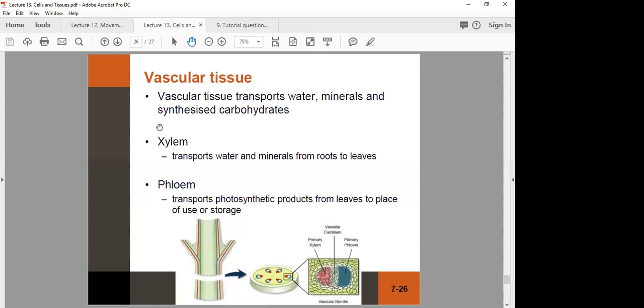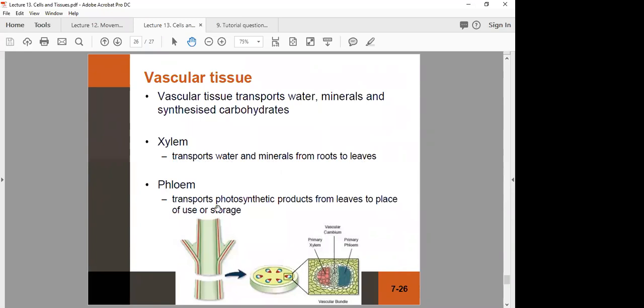Vascular tissue includes two different tissue types: xylem tissue, which functions to transport water and minerals from the soil solution into the roots, and then always in an upwards direction through the plant to the leaves. Second major type of vascular tissue is phloem tissue.